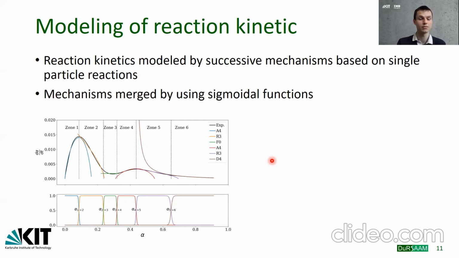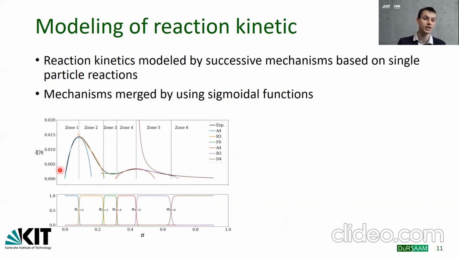However, we take the sum of functions which can lead to discontinuities. To avoid it, sigmoidal functions are used, and they allow a smooth transition from one mechanism to another.